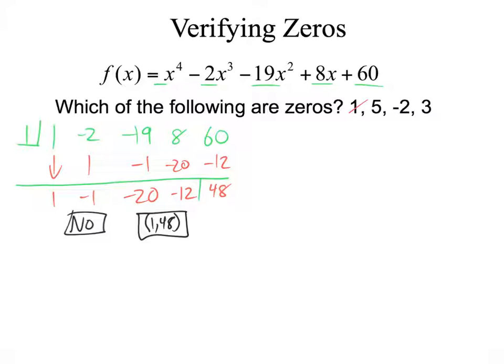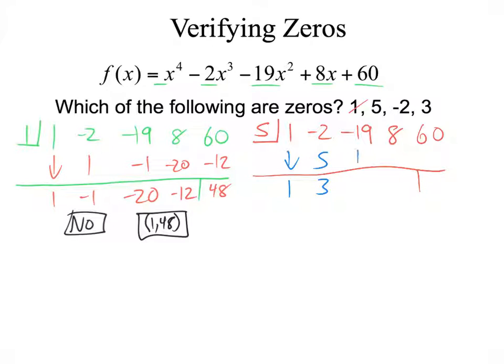So we're now going to do 5. Let's do 5. Use the same numbers because we're using the same function. All right, bring down the 1. 5 times 1 is 5. Add down, you get 3. 5 times 3 is 15. Add down, you get -4. 5 times -4 is -20.